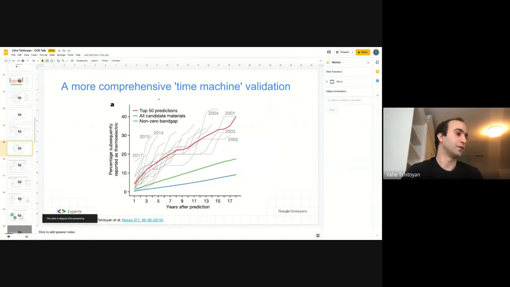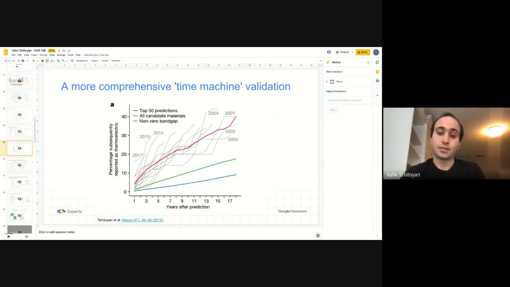Here, you could do it as a percentage of predictions that came true over the years, for all the predictions that you make, and this would be this red line here. Say after 17 years, about 40% of whatever you predicted became true, and then you could also compare it to a couple of baselines and say that this works well. So this could be one way to validate, and if your model is doing better, that's good.